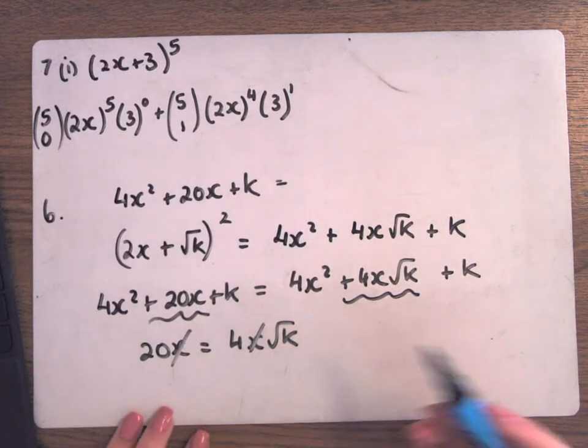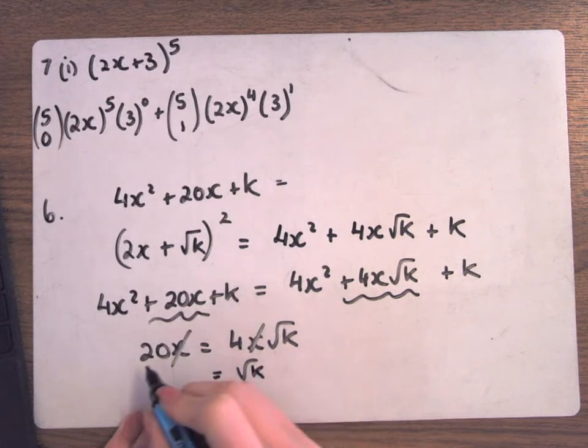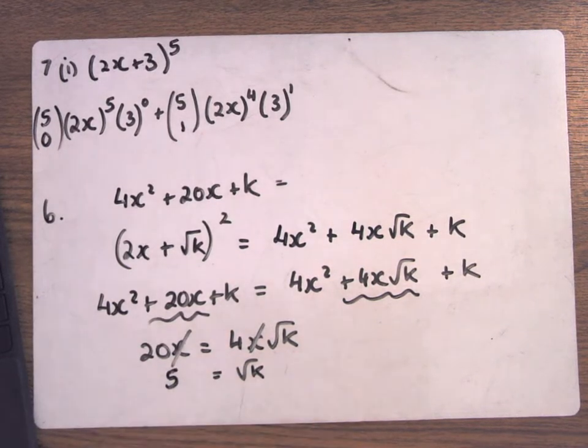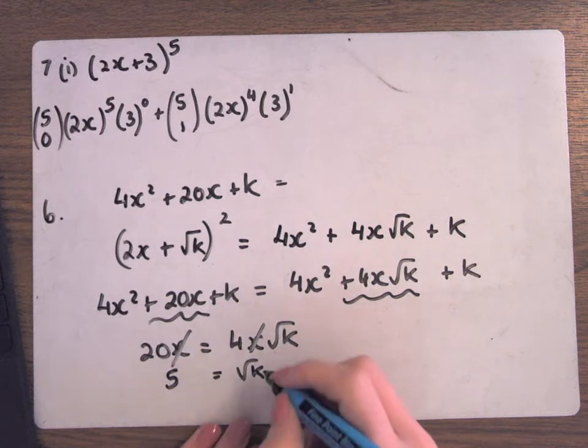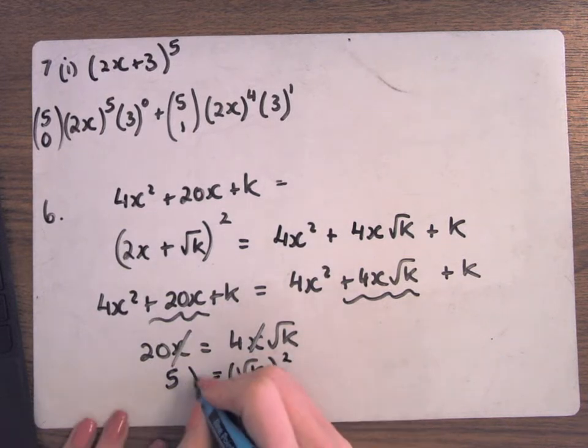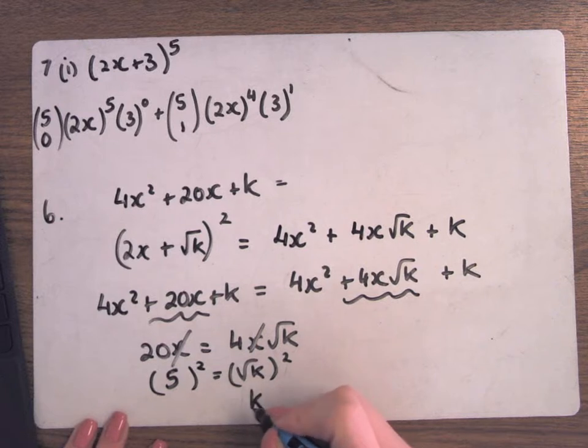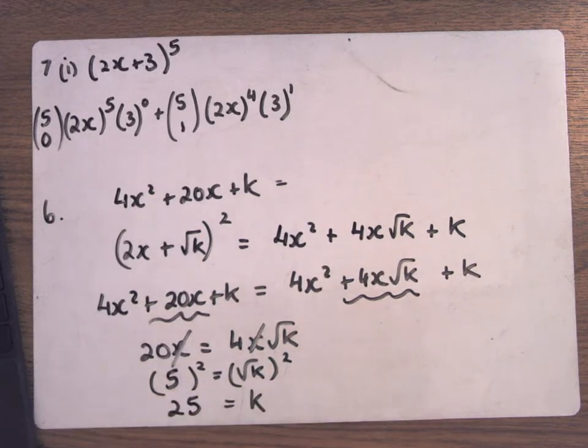They cancel. So root k is 20 divided by 4, which is 5. How do I get rid of the root? I square both sides. So what's k? 25. I divided it down. 20 divided by 4 is 5.